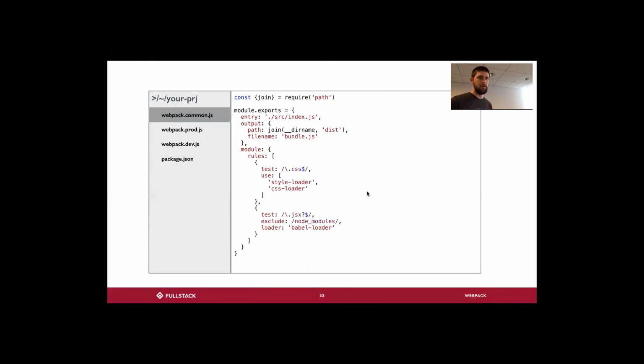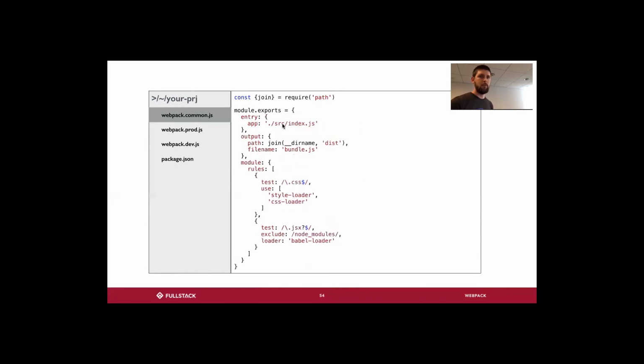So here's what we need to do just to get set up. For our entry, we need to have more than one entry. So we'll have our main app, we'll call it app, and that's our main entry point. And we'll use that domain-specific name.bundle.js.